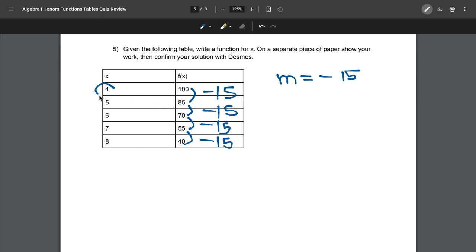I'm going here at 4. I want to go down to 0. So I would do 4 times 15 and add it to 100. So my b, my intercept value, is going to be 100 plus 4 times 15.